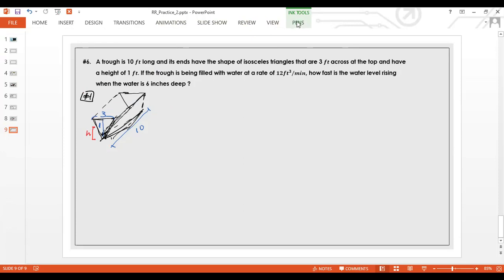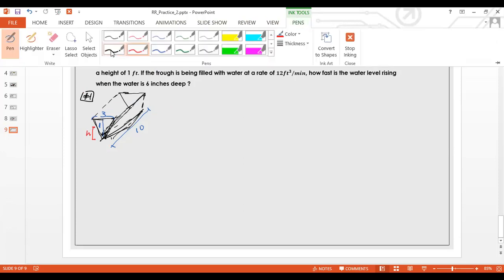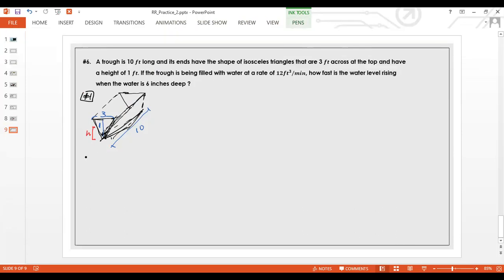So now let's write down the things we know. The water is filling at a rate of 12 feet cubed per minute, so I know dV/dt, the volume is going up at 12.